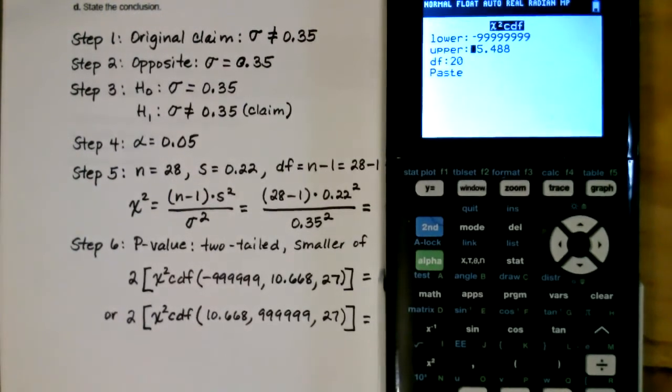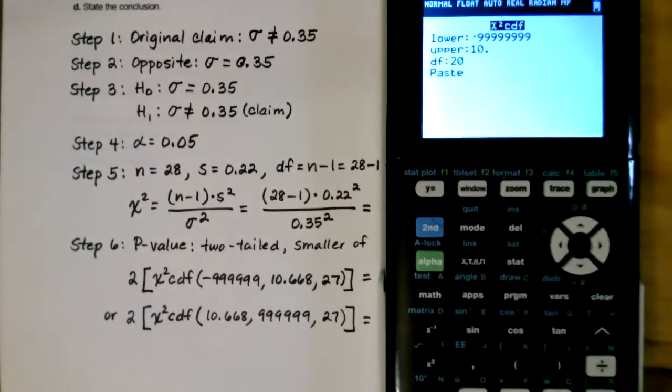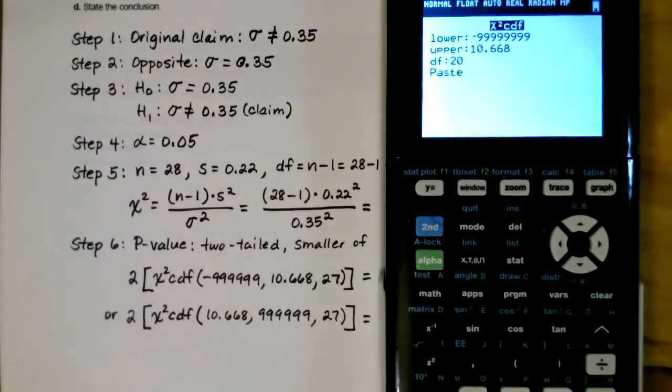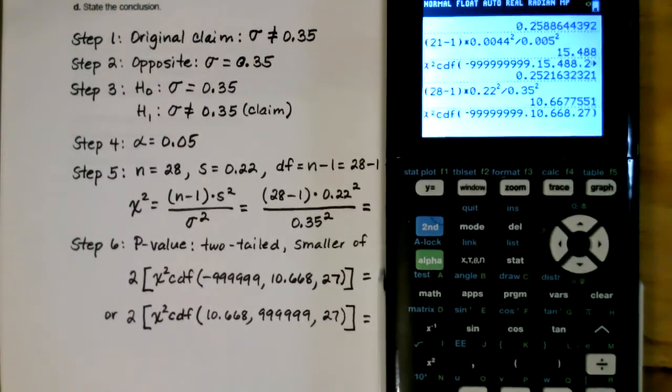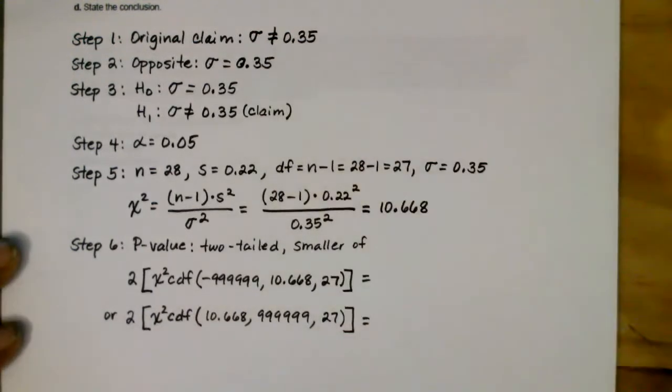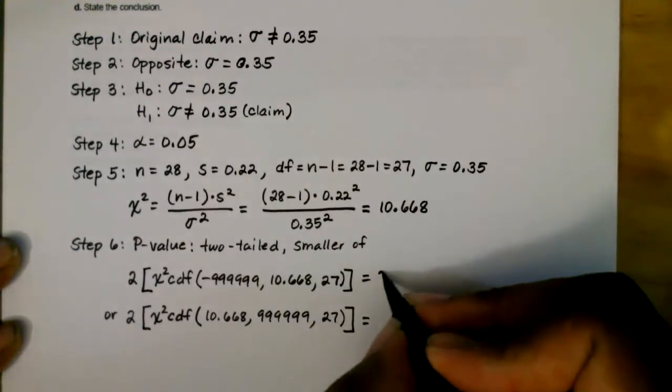And then hit enter. Test statistic 10.668. Then enter. Degrees of freedom 27. Hit enter to highlight paste, hit enter, and then enter again. This will be 0.0021.